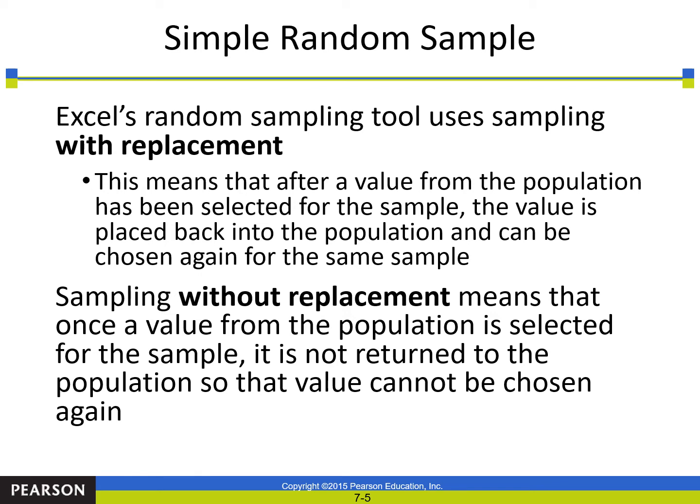Okay. Now, of course, there is a sampling without replacement, which means the values cannot be put back into the population. They're not returned, and you will have a little bit less repetition with that method. So, Excel can produce a simple random sample.